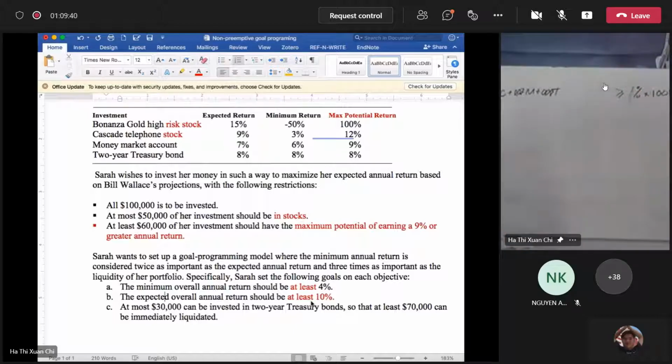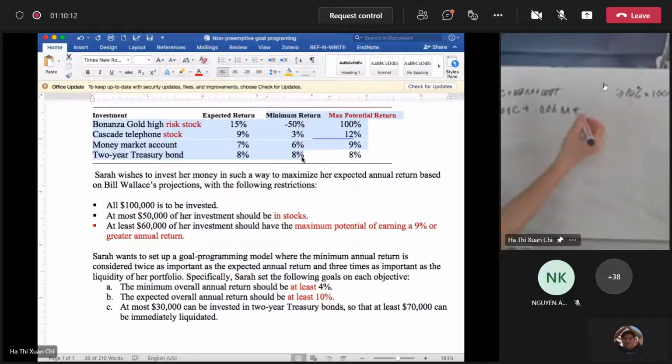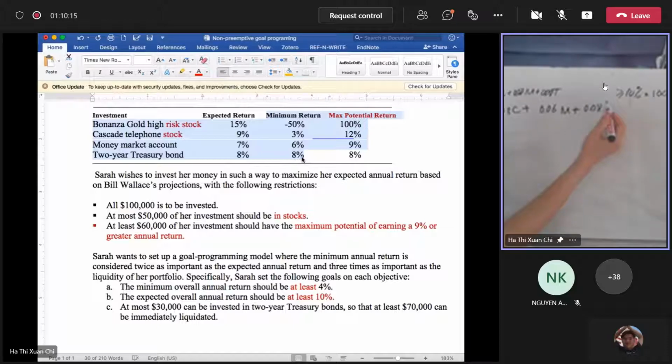So for the minimum, that is 0.05 B plus 0.03 C, minimum here, everyone, plus 0.06 N, plus 0.08 T. So greater than 4% times 100k.